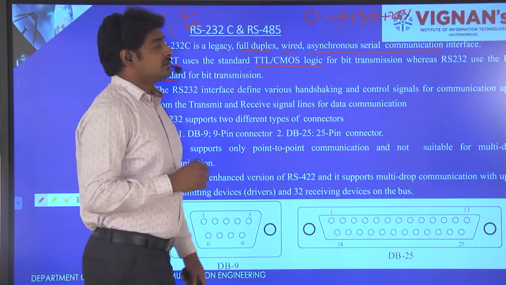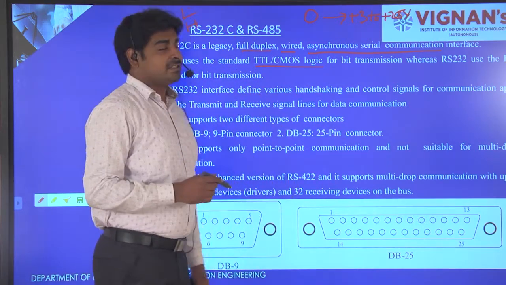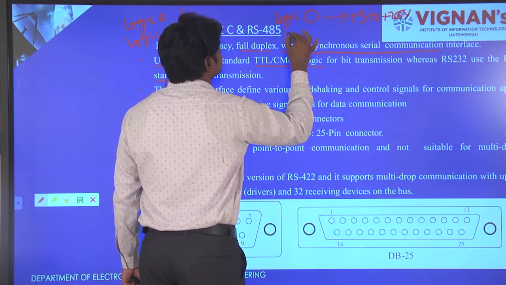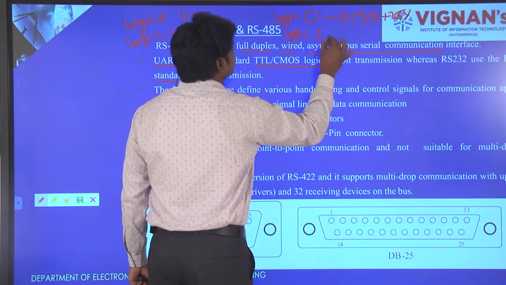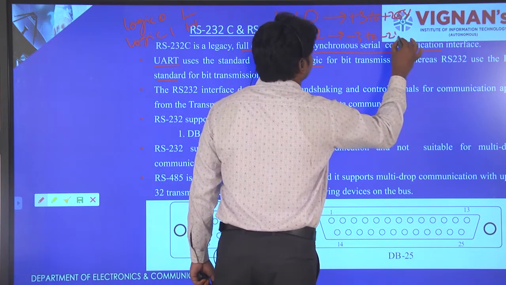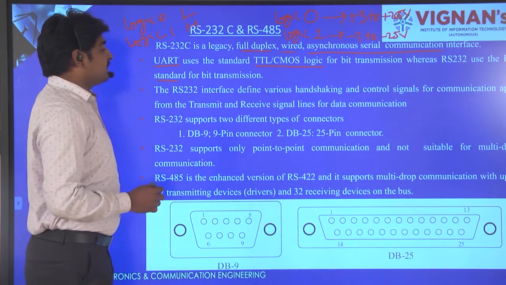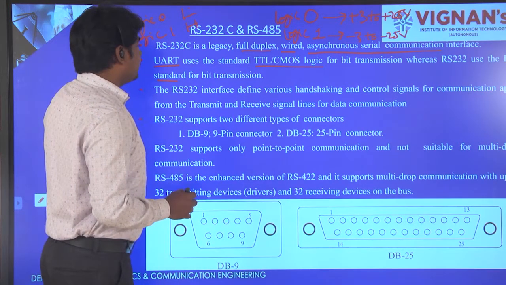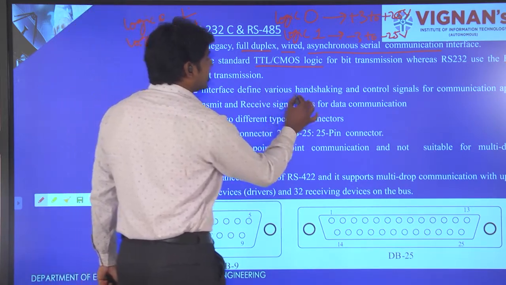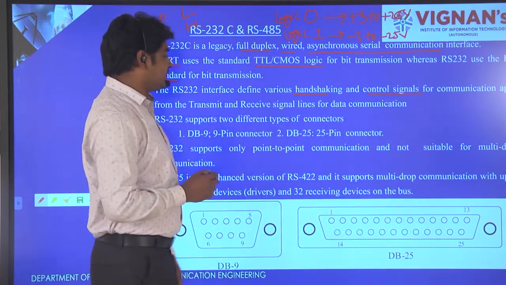So all the voltages between plus 3 to plus 25 volts are identified as logic 0. Similarly, for logic 1, the levels used in RS-232 are minus 3 to minus 25 volts. And this RS-232, along with data transmission, can also perform other tasks like handshaking, and it can also control the signals during the communication process.